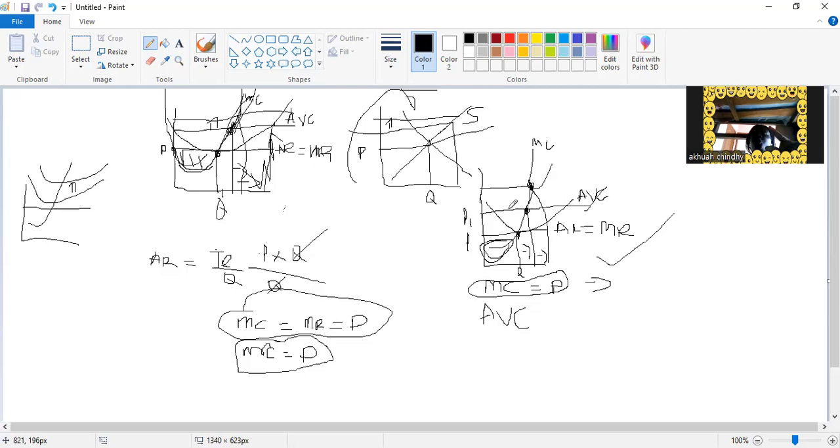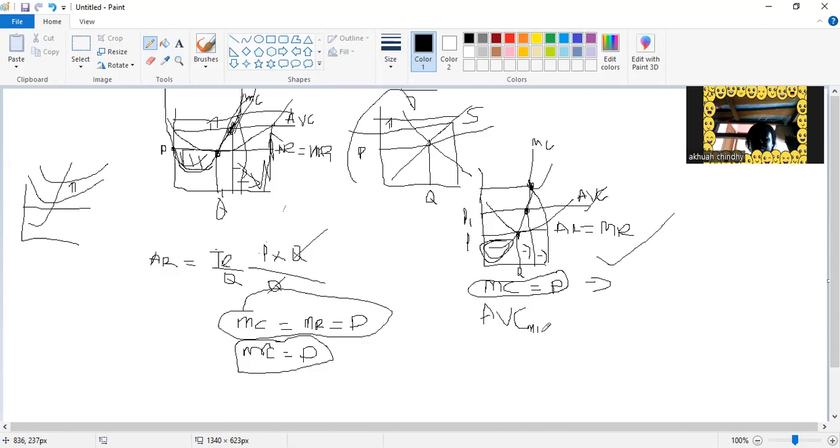If it is greater than or equal to the average variable cost, then the supply curve can hold. So you need to find the minimum of the average variable cost, that's the least point of the average variable cost.